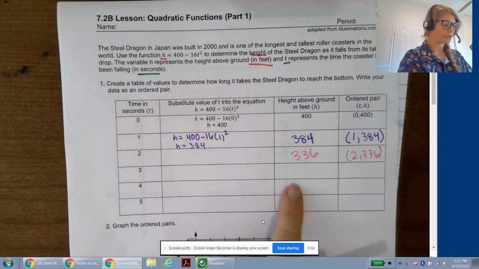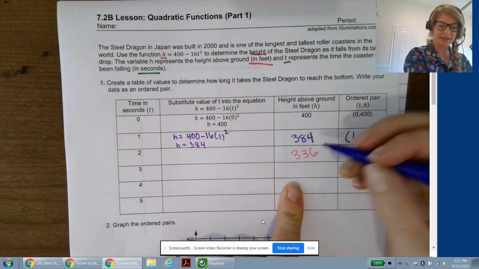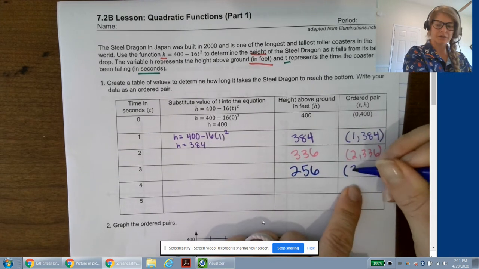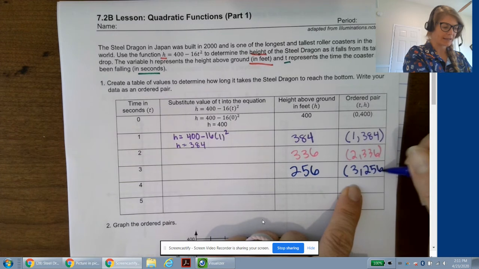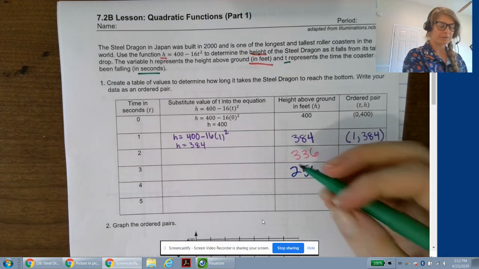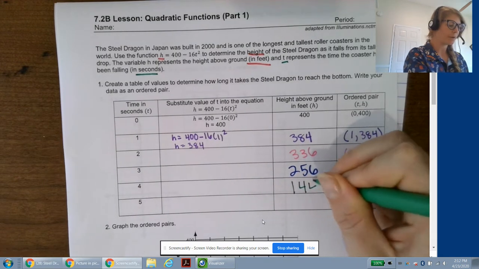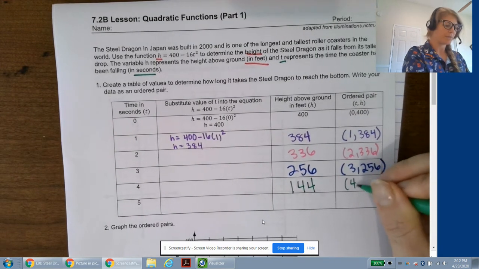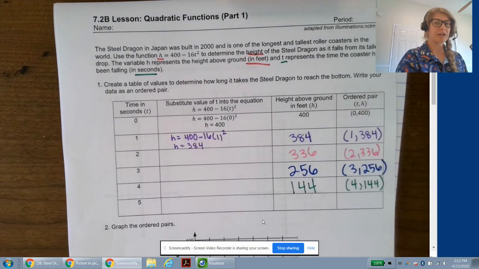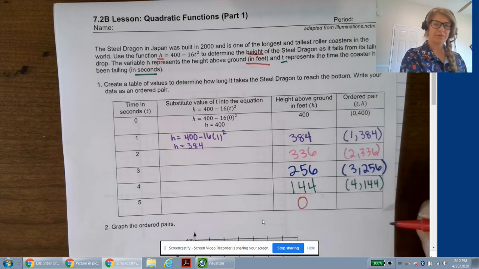After 3 seconds, we're going to be at 256 feet above the ground. Then after 4 seconds, you found this to be 144 feet above the ground. So 4 comma 144. And then just after 5 seconds, you were at 0 feet above the ground.